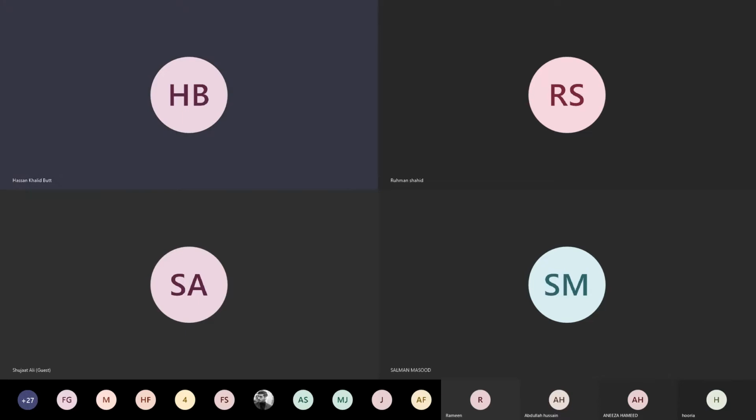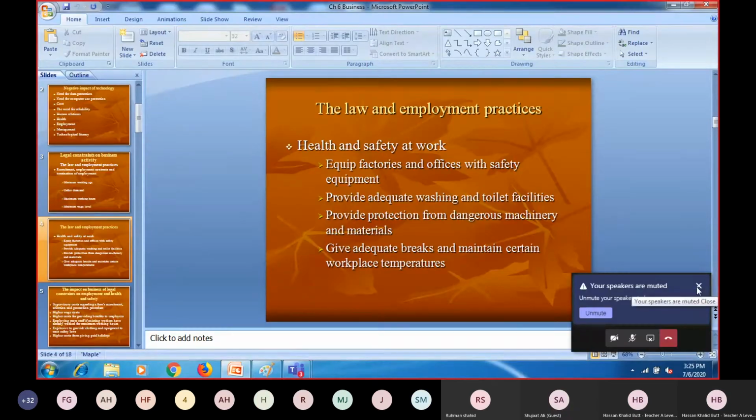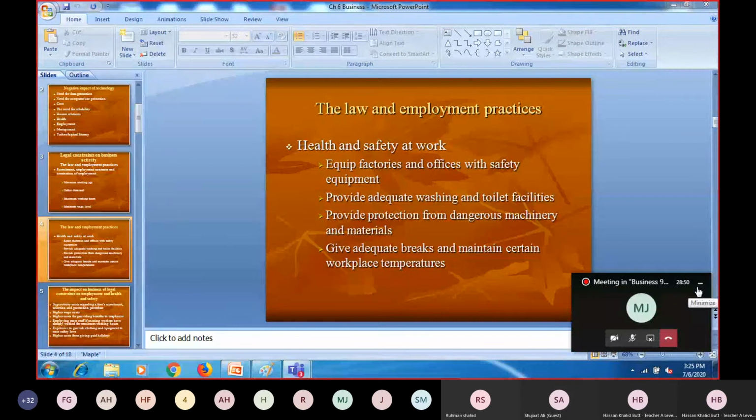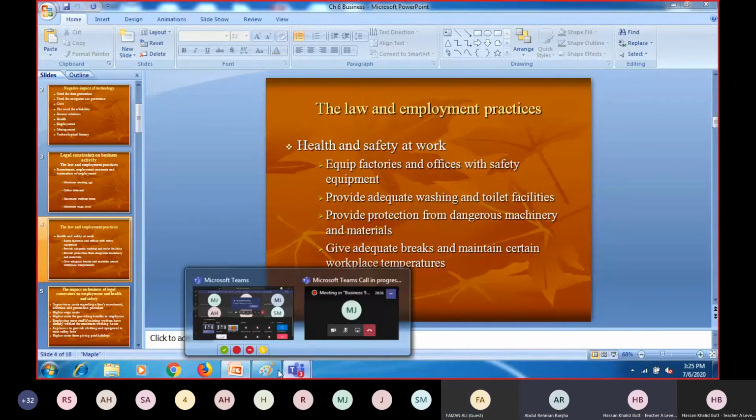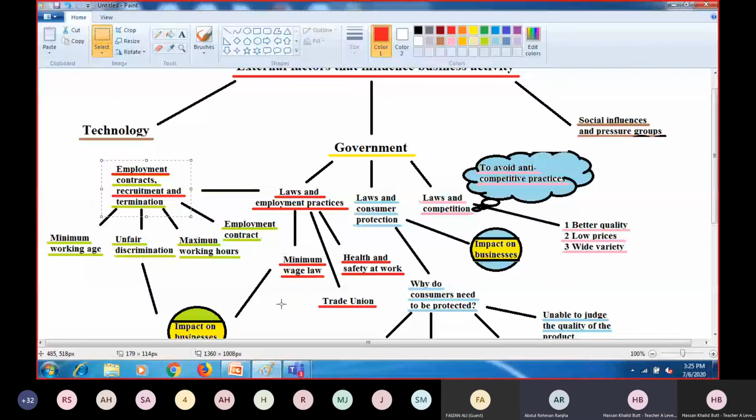Okay, all right. Let me see now. Sir, it's visible now, it's set. Is the paint visible? Yes, sir. Okay, all right, good, good, fine.